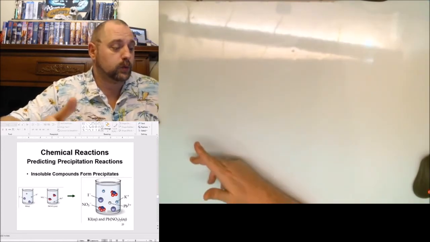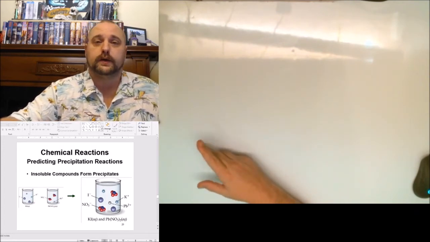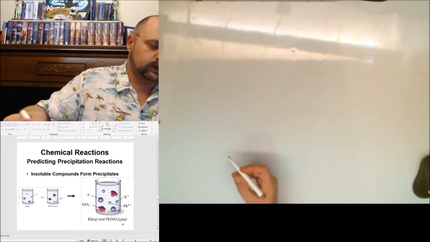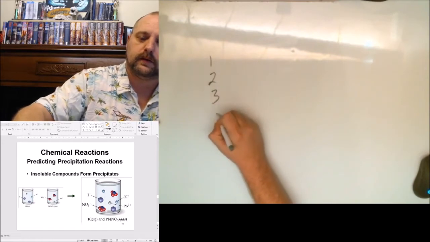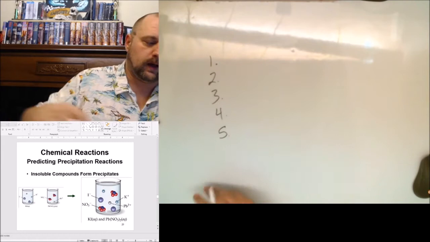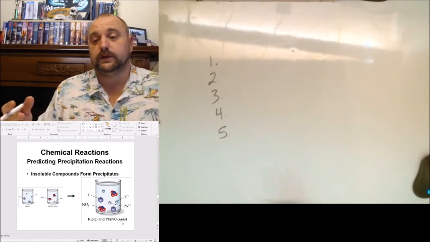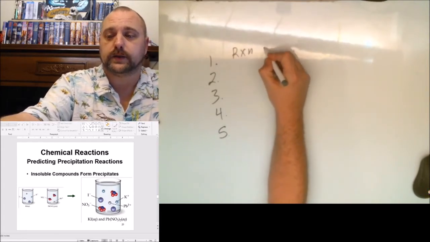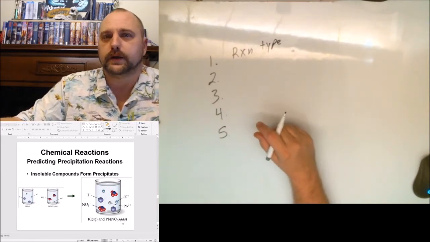Alright, so we were looking at our net ionic equations, finished those up. We're ready to start putting these things together. And in putting these together, there's 5 steps. The first thing you do when you are exposed to one of these new reactions is figure out the reaction type, and that includes figuring out the archetype.